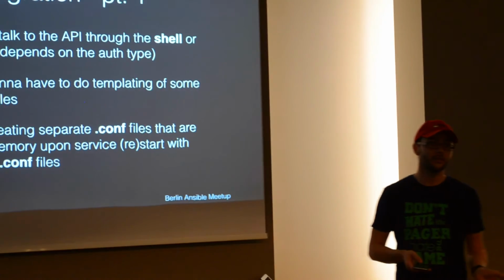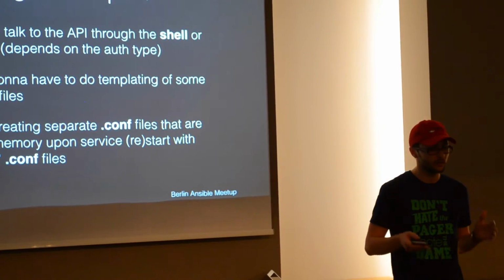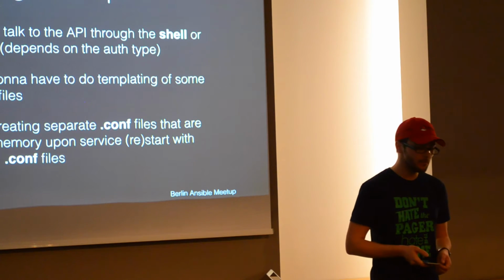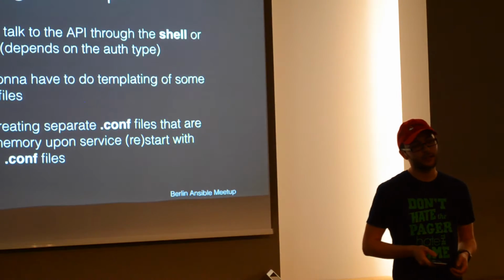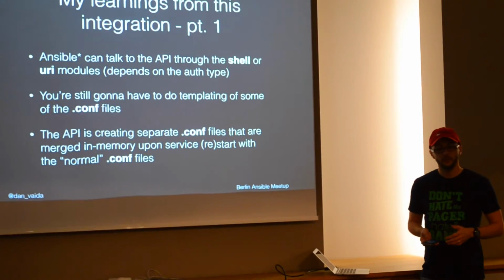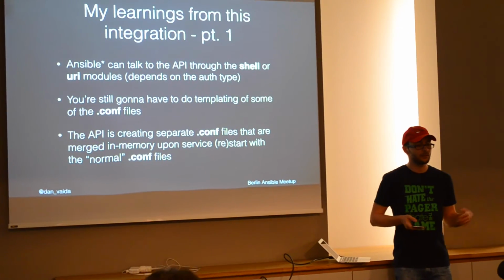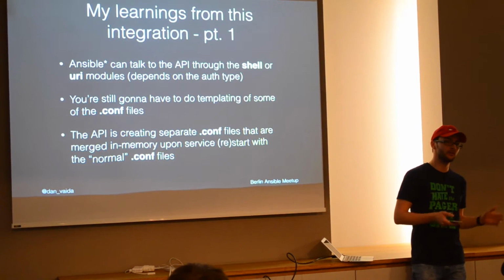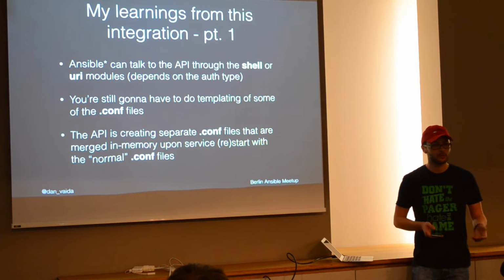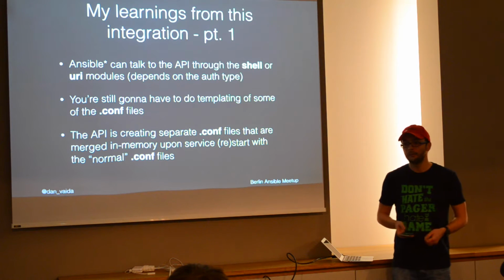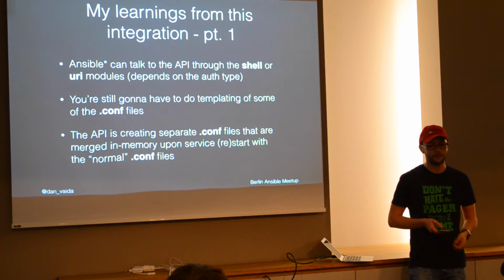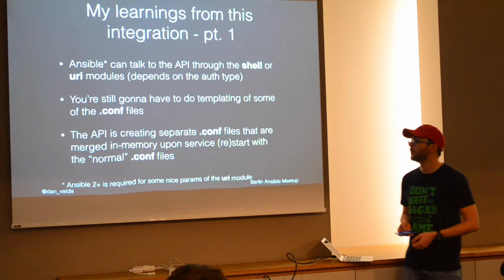The API creates configuration files on the server in a separate, logically different directory, which it manages itself. At the point of restarting the Icinga service, it looks into both default directories, so in /etc/icinga, and also, depending on the distribution, /var/lib/icinga, and merges this into the real configuration that we want.